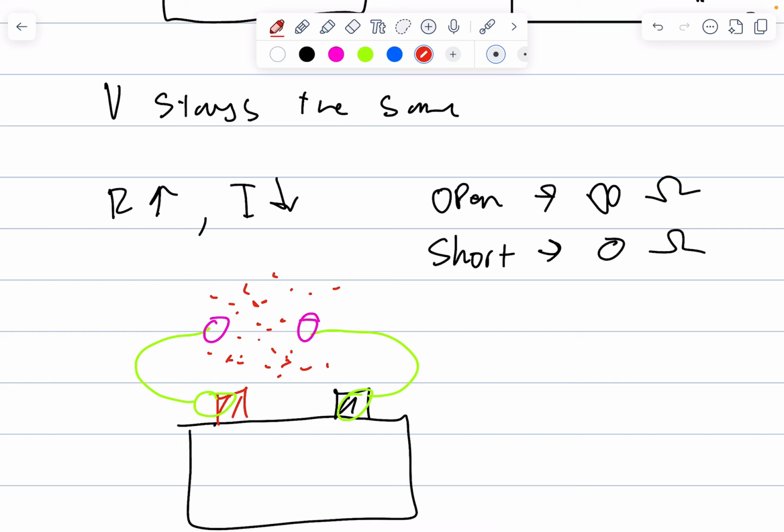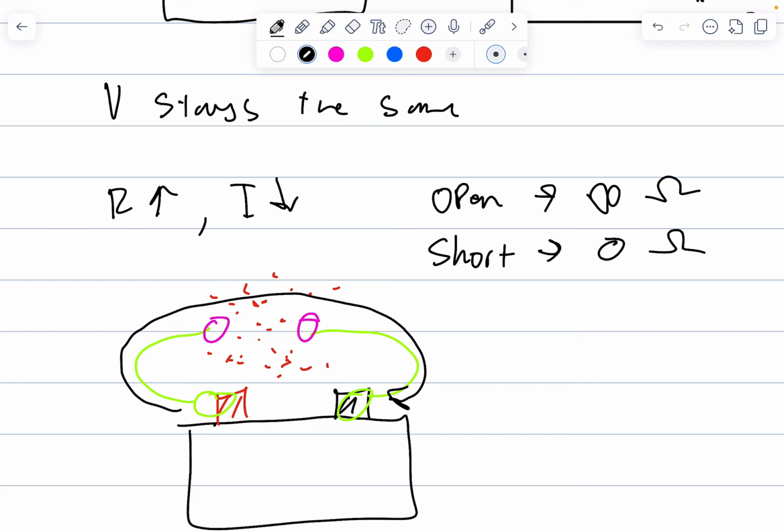You're giving a zero path to ground, or you're connecting the terminals with such little resistance that the current flowing through the line is so high that it's able to become physically realizable as sparks, right?